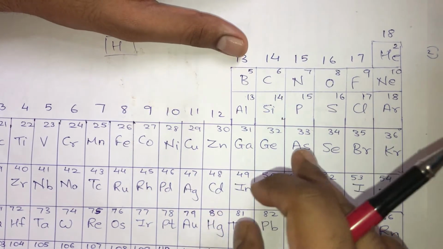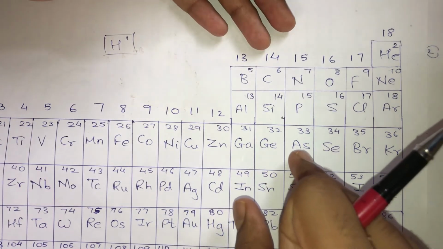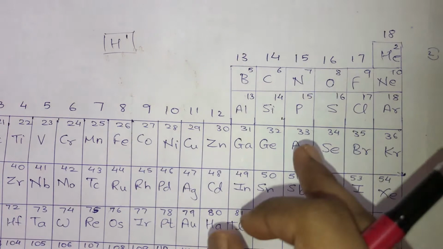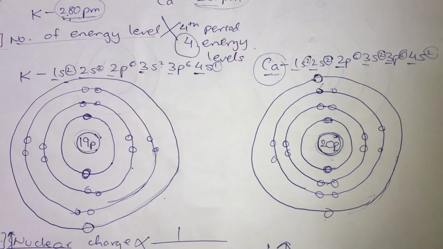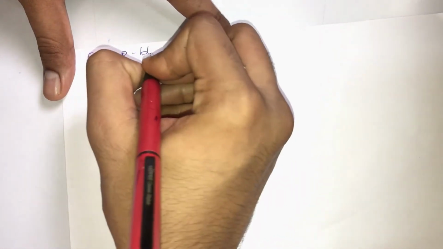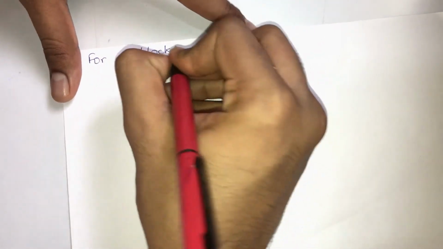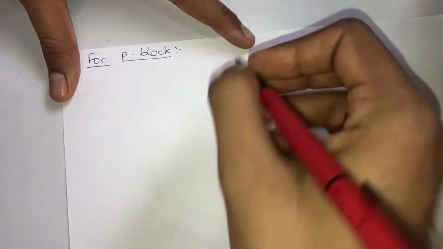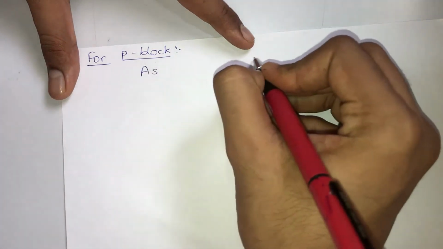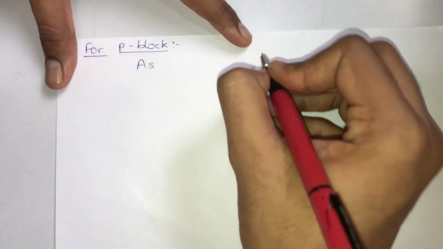For example, let's consider arsenic and selenium. As we all know, for p block elements, I am considering arsenic and selenium.